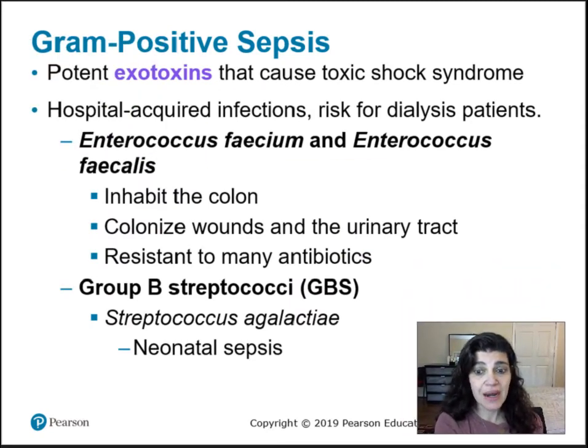remember that there are exotoxins produced by gram-positive bacteria, and those are going to be the ones responsible for the effects, right? Remember that some exotoxins are actually superantigens. I'm going to write here because this is important.